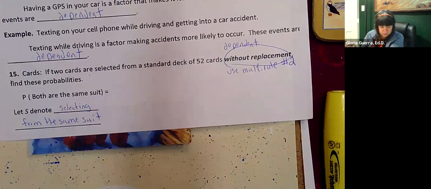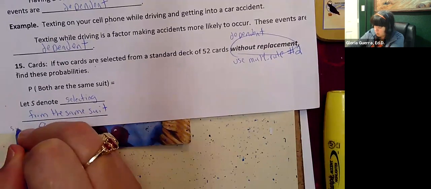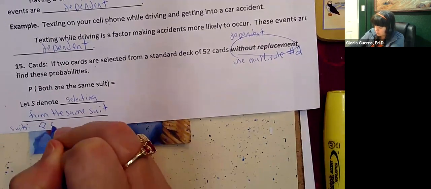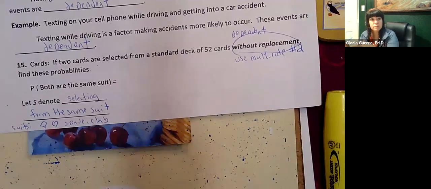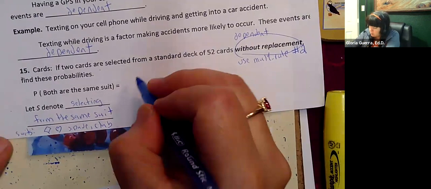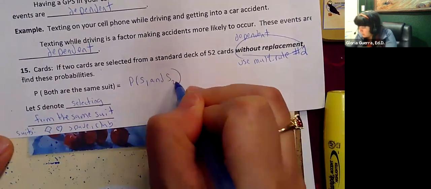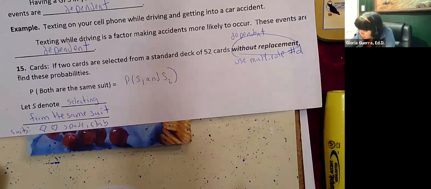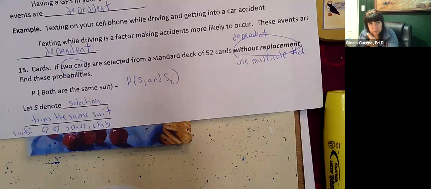There's four suits: the suits of diamonds, hearts, spades, and clubs. You're choosing them all from the same suit, like all hearts. So we're going to have probability of S sub 1 and S sub 2. And we're doing 2 because 2 cards are selected at random.